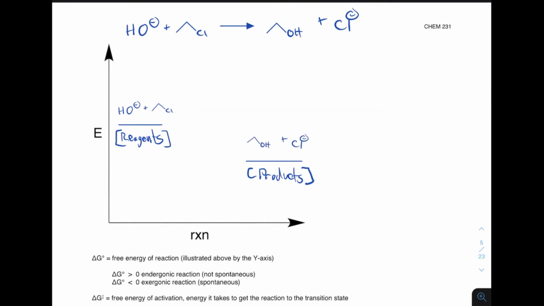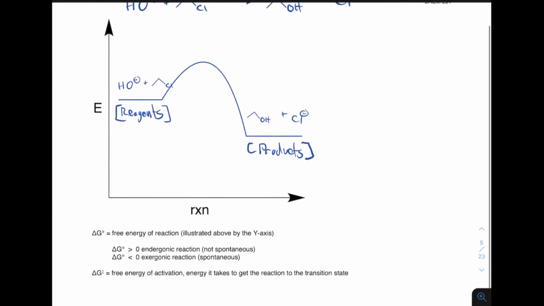So what's happening is, for this SN2 reaction, we need to have a sort of activation energy to make the reaction go. And then we get lower in energy when we get back to the products.